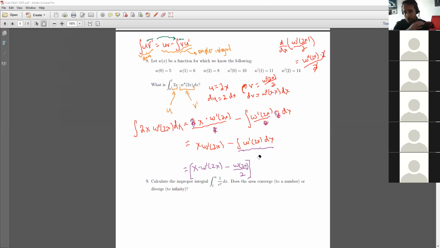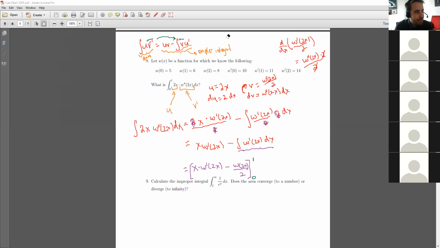This is a great first foray, and this gets us most of the way there. But going back to the original problem, remember, this was a definite integral. And so we had to find an antiderivative and then plug in these two boundaries. So we had to plug in x equals 0, we had to plug in x equals 1.